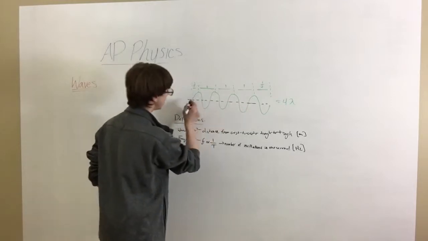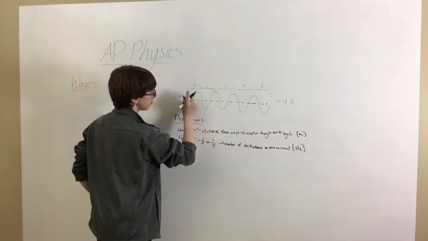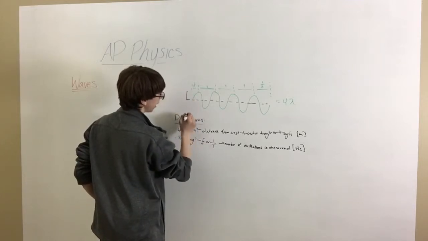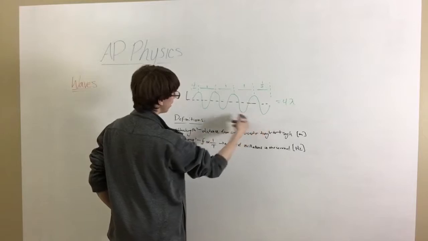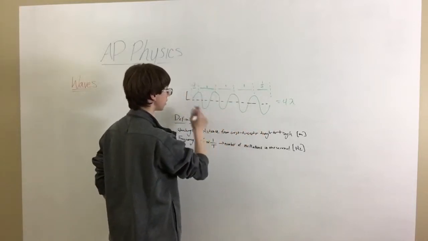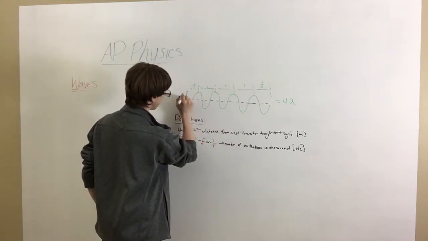Now, amplitude is the distance between this line of propagation and the height, the top of a crest or the bottom of a trough, all right? And so this is the amplitude.